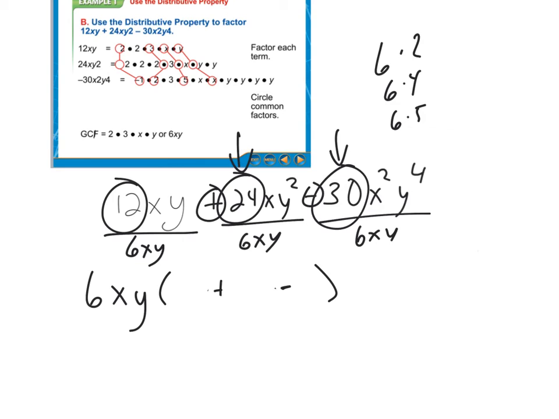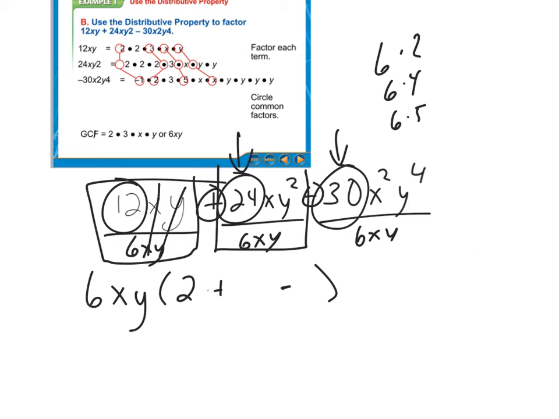Okay, so now let's go back right here. What's going to happen to my x and y's? Well, they are going to cancel. And then 12 divided by 6 is 2. Now on this one, my x's cancel, and then y squared over y is just going to be a single y, and then 24 over 6 is going to be a 4.